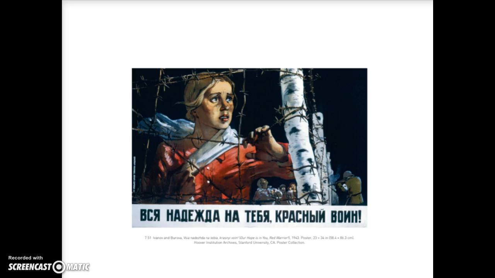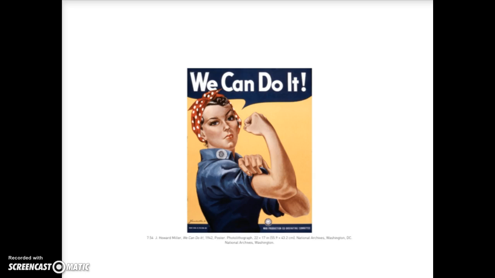And the last thing, of course, that I want to mention is the We Can Do It poster by J. Howard Miller from 1942. This was a photolithograph, and this was an image that a lot of people interpreted to be Rosie the Riveter.